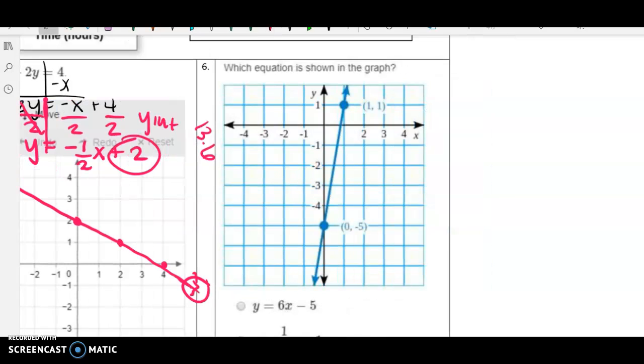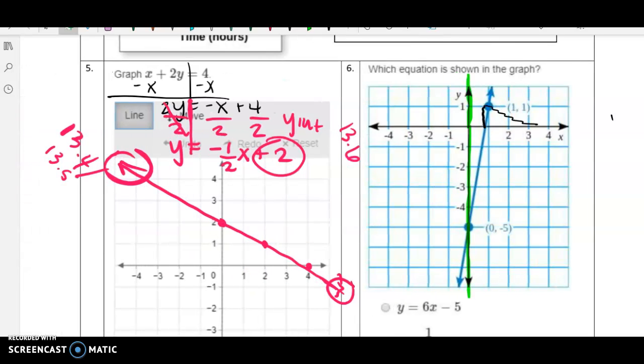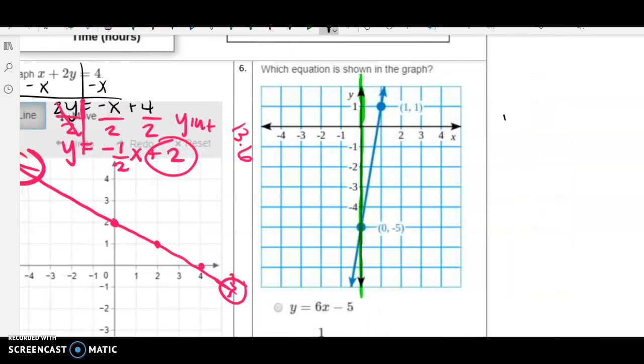Which equation is shown on the graph? So we need to find our slope and our y-intercept. So our y-intercept is where it crosses our y-axis. So our y-intercept is at negative 5. And then now we just need to find our slope.